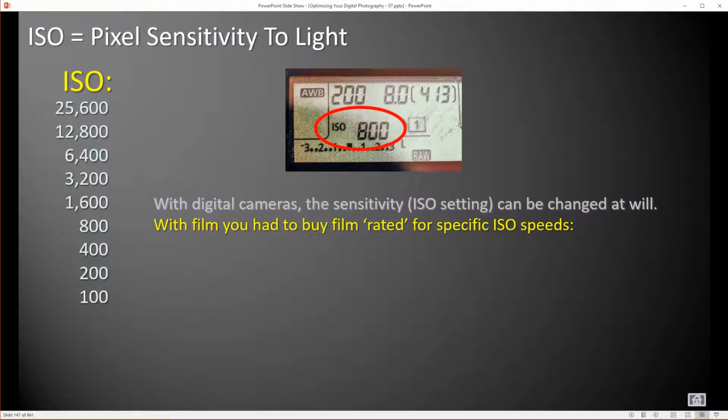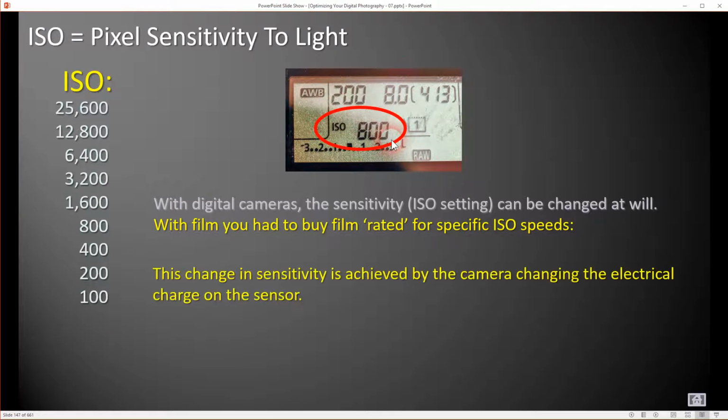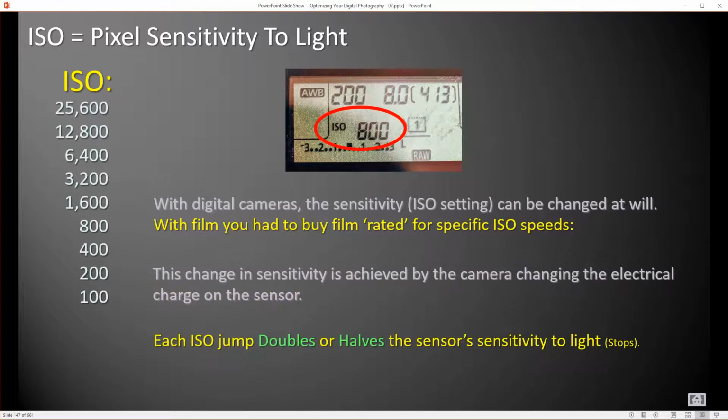Here we can see on my camera the ISO that I've selected, 800 ISO. This change in sensitivity is achieved by the camera changing the electrical charge on the sensor, and that's important. Each ISO jump either doubles or halves the sensor's sensitivity to light. So 100 ISO is the least sensitive to light.